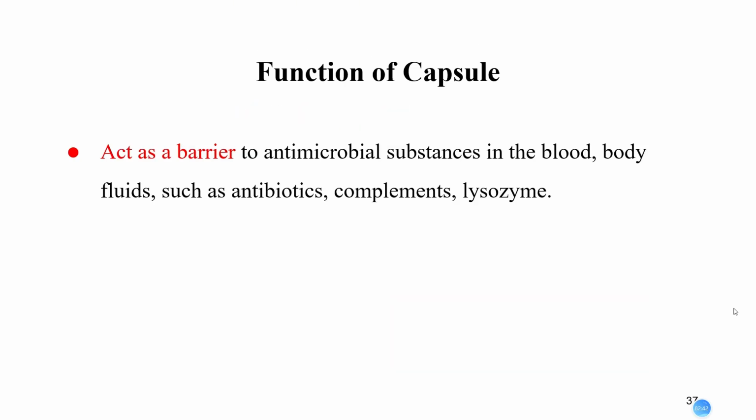And also, the capsule acts as a barrier to antimicrobial substances in either the blood or the body fluids. And these antimicrobial molecules include antibiotics, complements, and lysozyme. So it's a physical barrier surrounding the cell so that it can provide some protection.